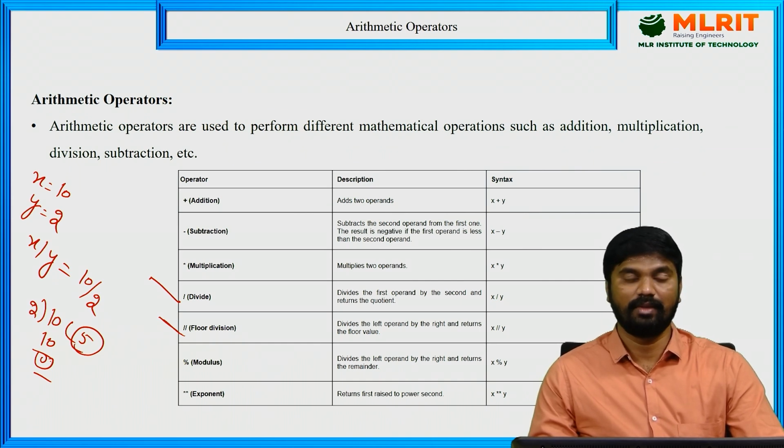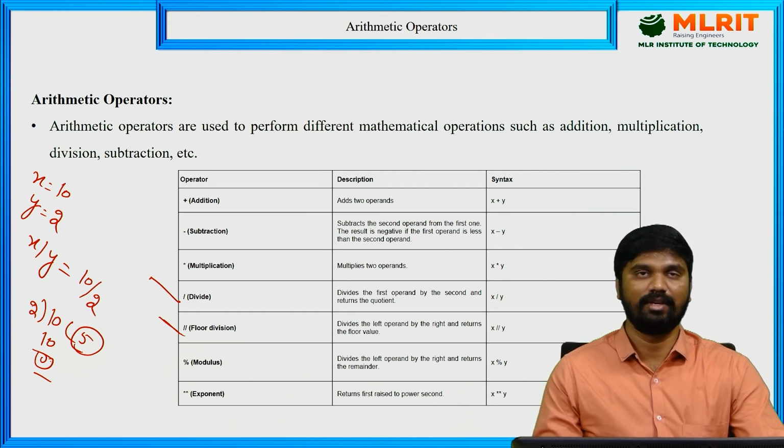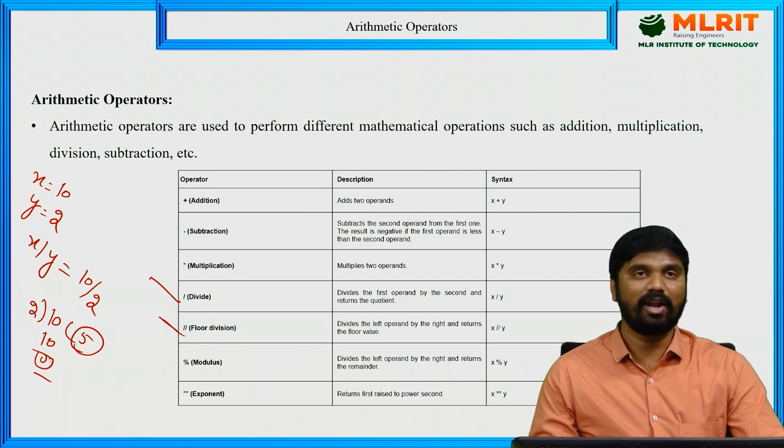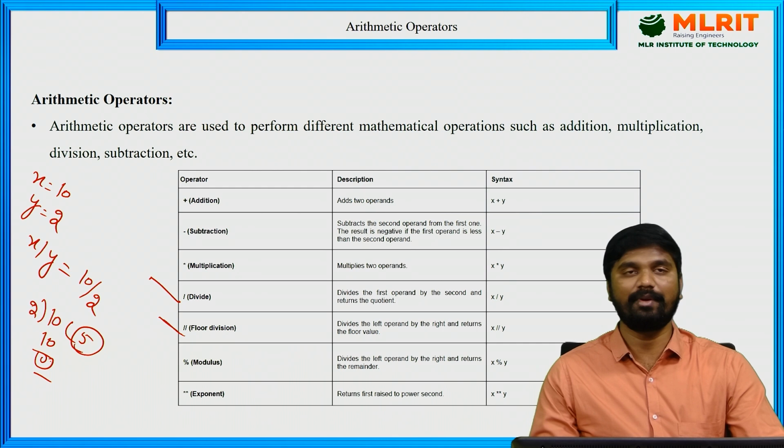The result type is also considered in the Python programming language. But in C or Java, we do not consider the type that much. In Python, whenever we perform operations, we have to consider the type of the operation result.